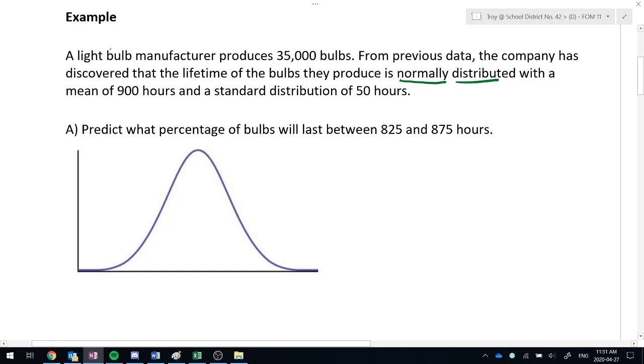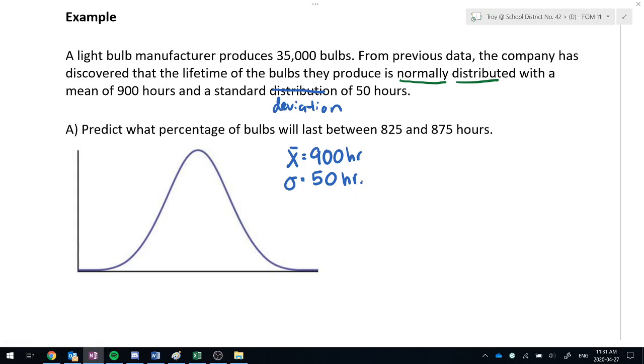With a mean lifetime of 900 hours, with a standard deviation, I should say standard deviation, of 50 hours. Predict what percentage of bulbs will last between 825 and 875 hours.